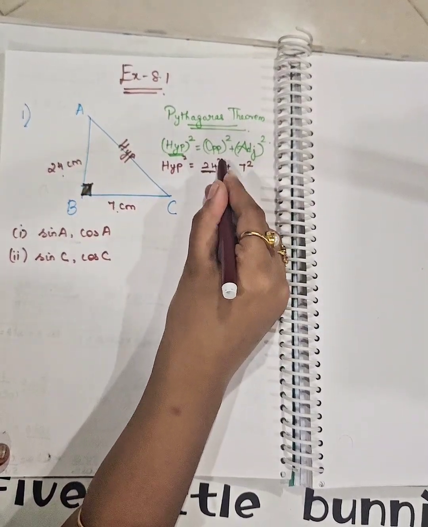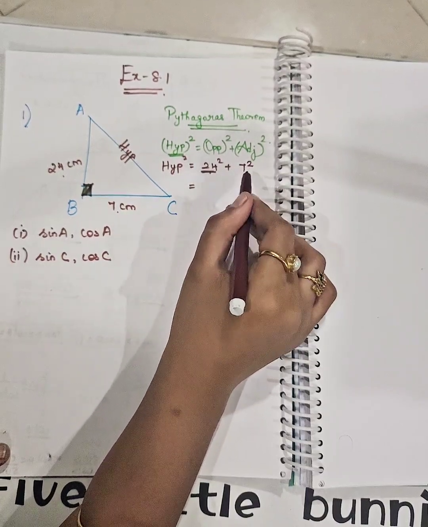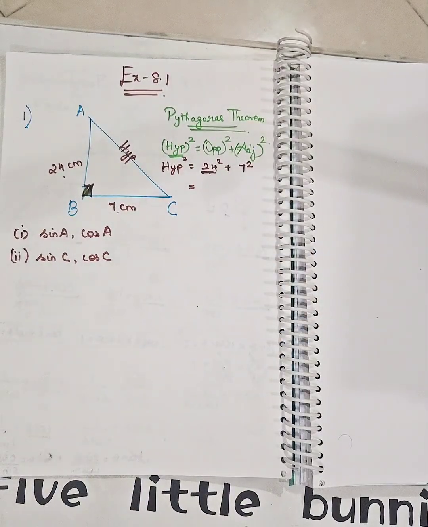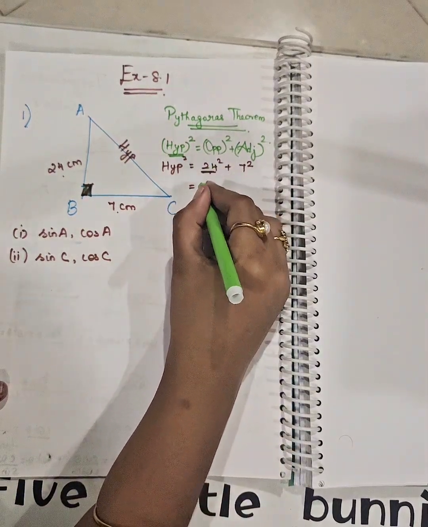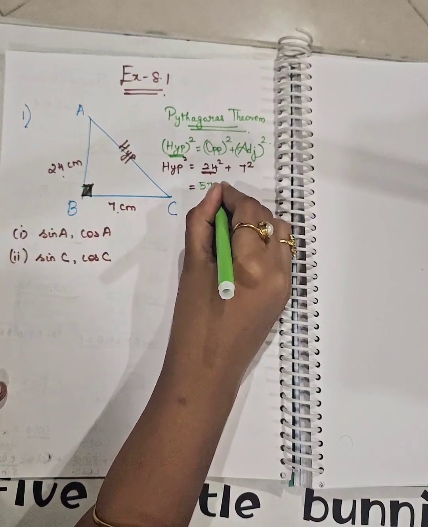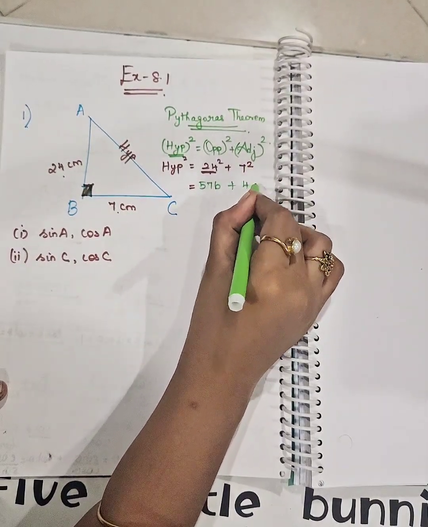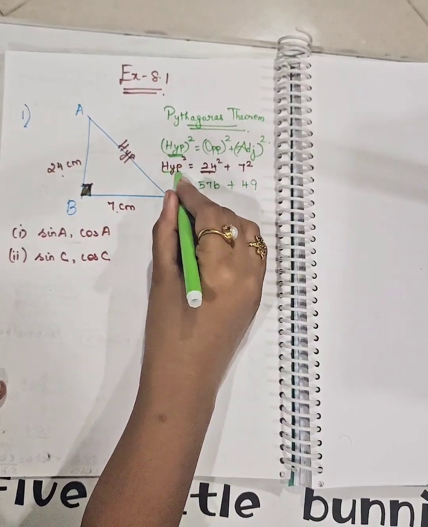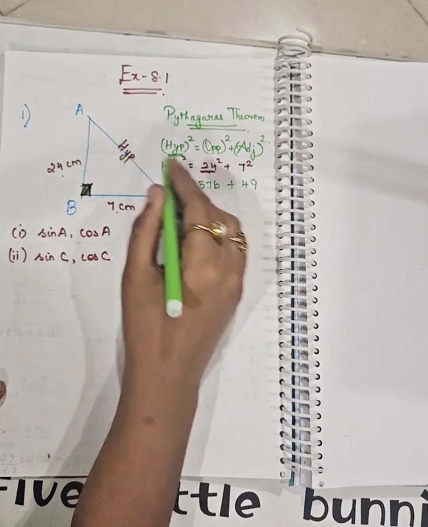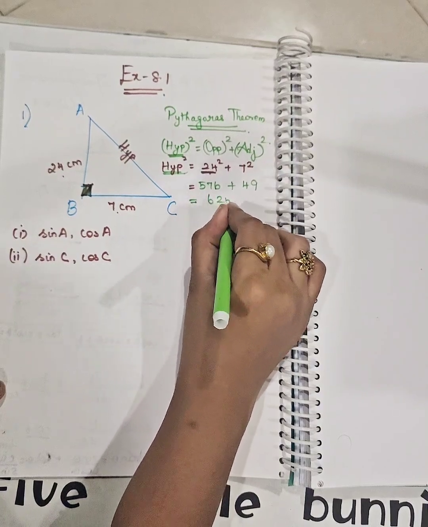Any number square means the number into itself. So 24 square means 24 into 24, and 7 square means 7 into 7. If you multiply and check, 24 into 24 is 576, plus 7 square, 7 sevens are 49. Very simple to find the unknown third side. If you add both, it is 625.